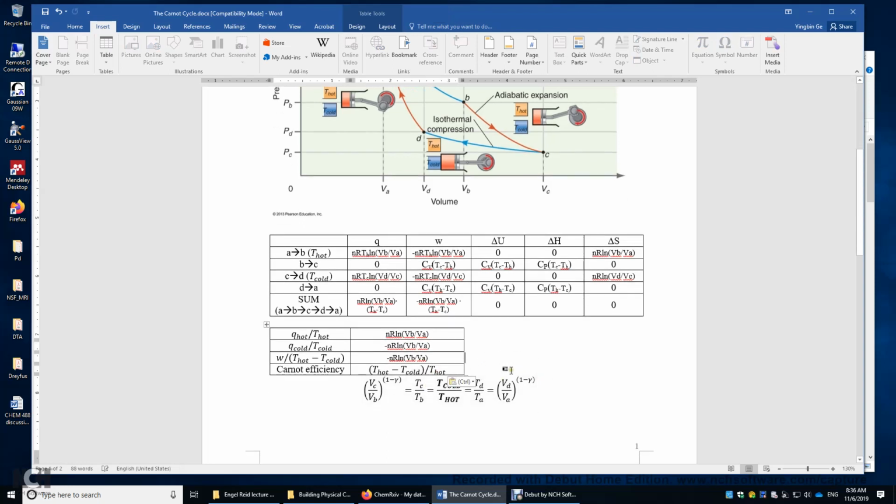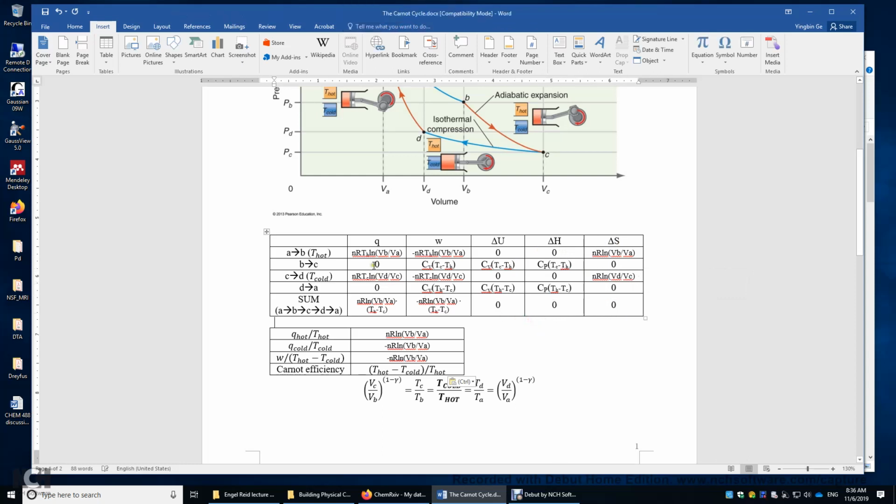So in summary, we filled out this 5x5 table. We computed Q, W, delta U, delta H, and delta S for all 4 steps. And also for the entire cyclic process over here. U, H, and S are state functions. So the change of U, H, and S are all 0 in a cyclic process.